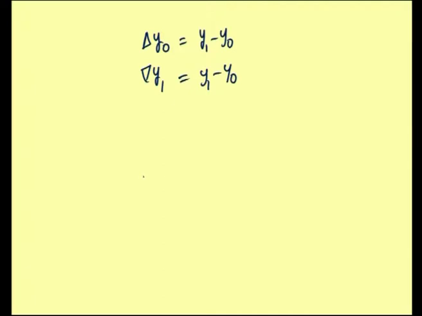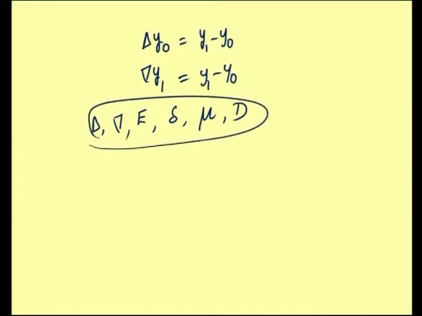Using that we are going to relate with the shift operator E, the central difference operator delta, the averaging operator mu, and the differentiation operator D. That is, delta the forward difference operator, nabla the backward difference operator, shift operator E, central difference operator delta, mu the averaging operator, and capital D the differentiation operator. So, there is a symbolic relationship between all these things.